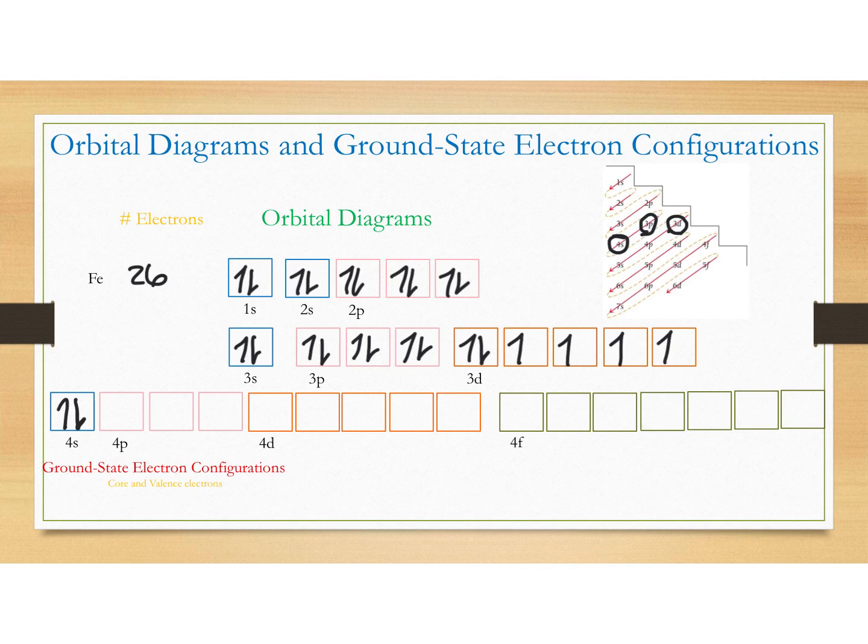The electron configuration is 1s2, 2s2, 2p6, 3s2, 3p6, 4s2, 3d10.